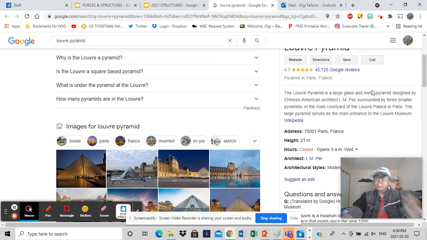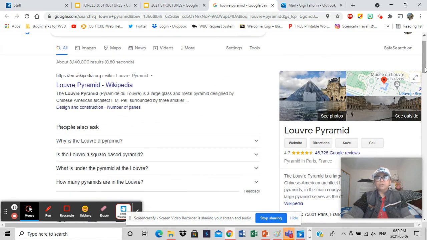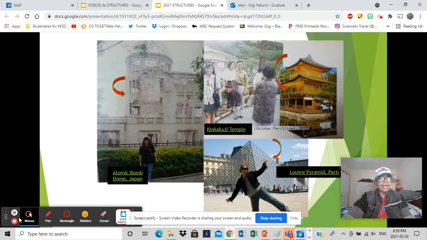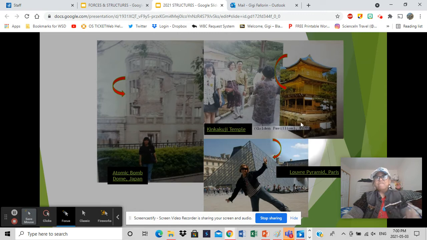It's a large glass and metal pyramid designed by a Chinese American architect, and it provides a very good backdrop to the place. These are all examples of frame structures. Usually with frame structures, you get to see layers and layers of floors, which gives you an idea that it is a frame structure.